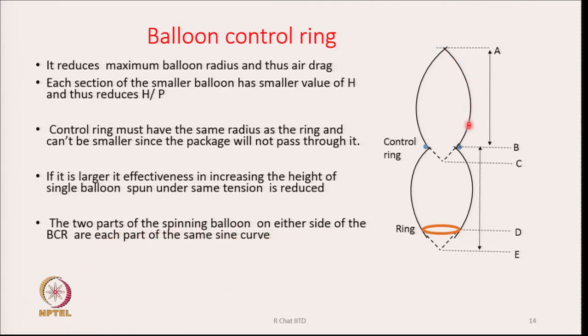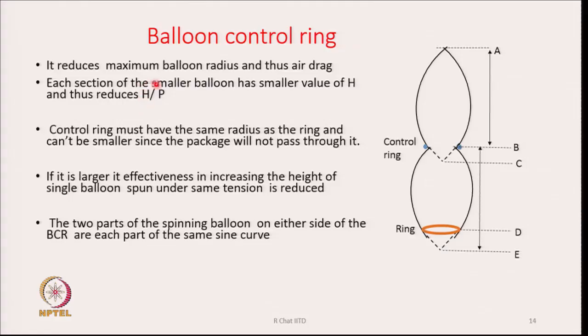So, basically by having a control ring, we are forming two balloons, and each section of the smaller balloon has a small value of h. Now, this balloon has an h which is A to B, and thus it will reduce the ratio h by p. If the p remains fixed, let us say, now I have one balloon converted to two balloons. So, total h has decreased, it has become h by 2.